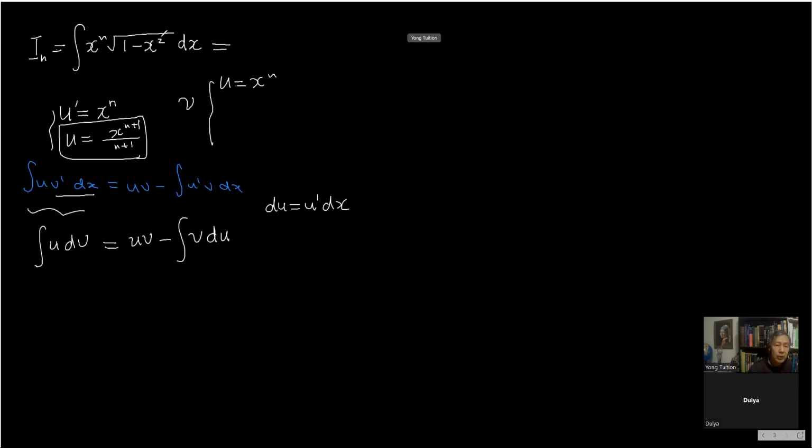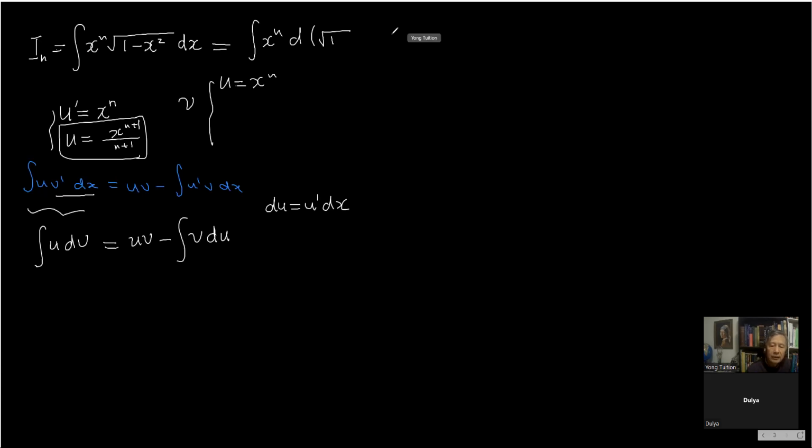So if I rewrite this part, first of all, let's rewrite this part as x to the power n, because I know the result. You worked out the result already, right? I'm trying to reconstruct this.